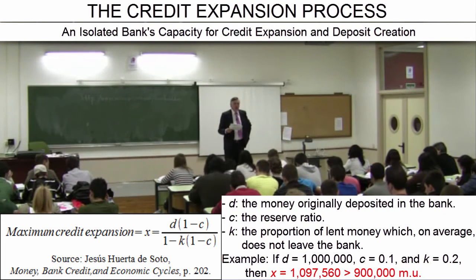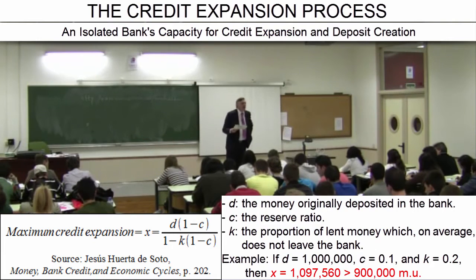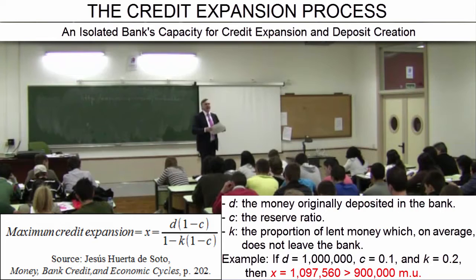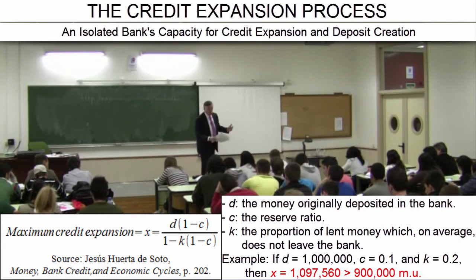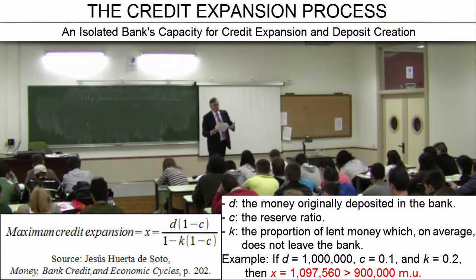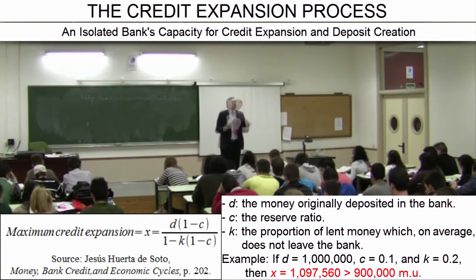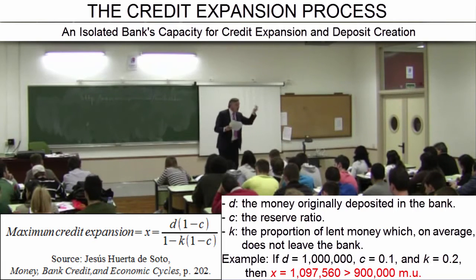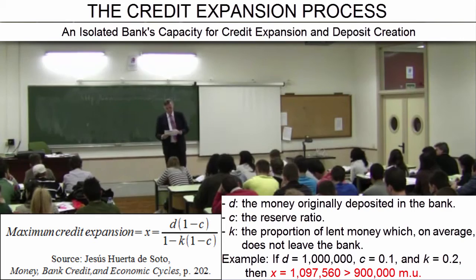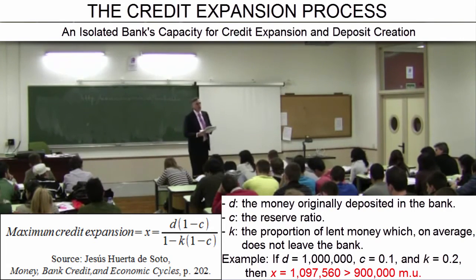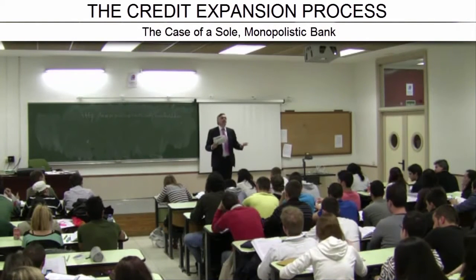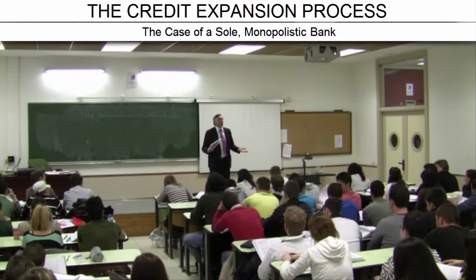Based on our example, in which the reserve ratio is 10% and the proportion of unused loan funds is 20%, or Z pays out all the money but 20% of it returns to the bank, because those who receive the money are customers of that same bank, the expansion which follows is not 900,000 additional monetary units, but 1,097,560.